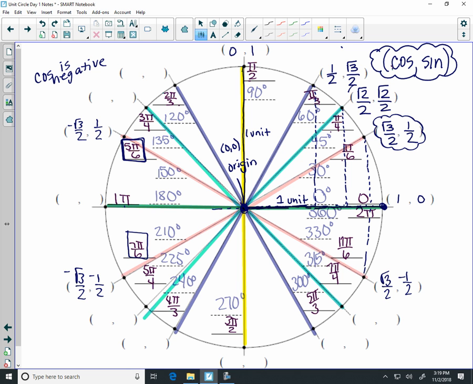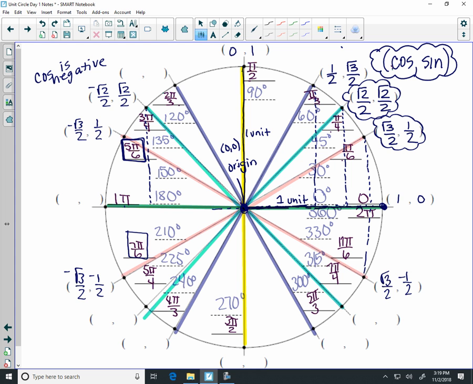So in quadrant 1, pi over 4 is radical 2 over 2. Cosine is radical 2 over 2, and so is sine. So in quadrant 2, we have the same ordered pair, but our x is negative. If you wanted to, you could drop it down to make the same triangle, just reflected where x is negative.